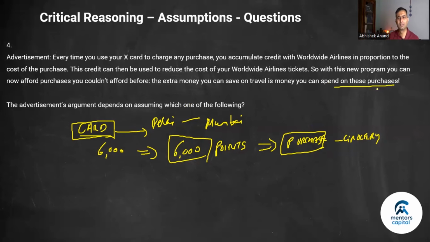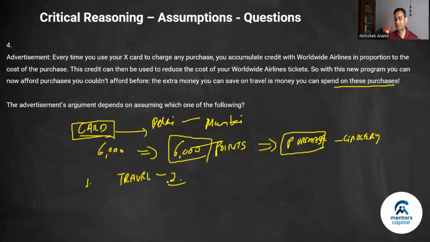So it looks good. What is the assumption here? If I spend money on this card, I'll get some points and those points I can use to purchase something else. So the assumption here is, first of all, that I travel, right? What if I don't travel at all? If I don't travel, then I will not be able to use this card. So the first assumption is I travel.